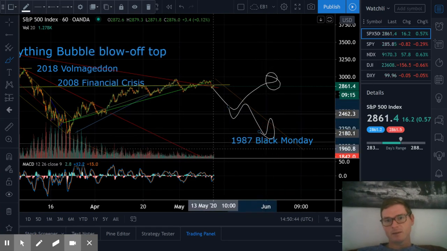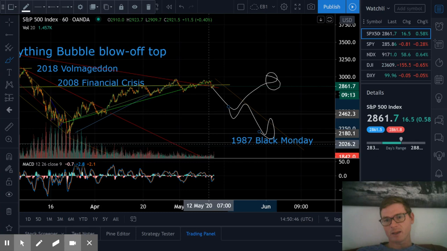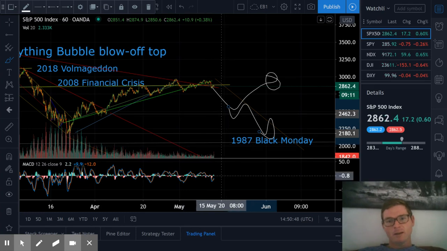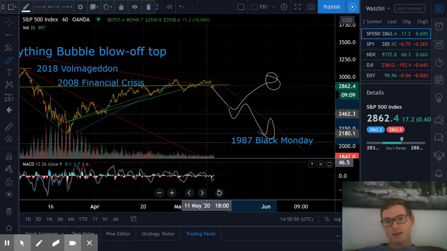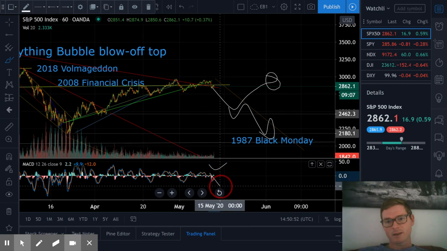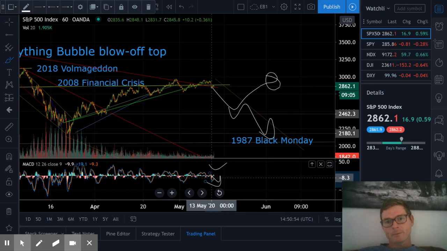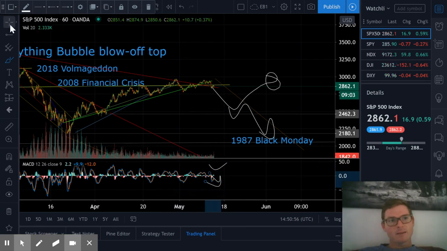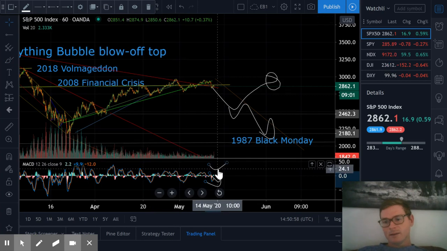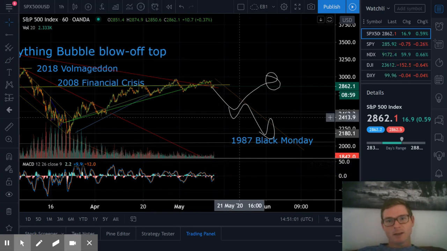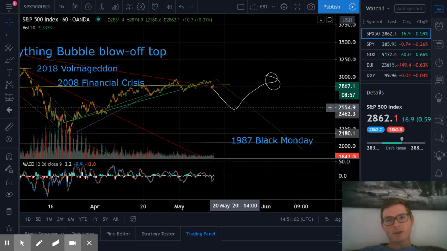I think those are the two most probable things to look out for here. And it's all about the MACD on the dailies, if we get the high bounce or if we get a crossover. That's the look.